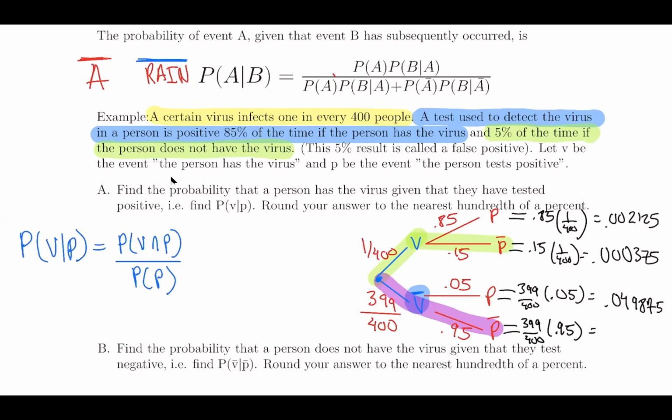So let's see what that gives us. 399 divided by 400 times 0.95, you get 0.947625. All right, so we have all of our probabilities. We're going to use these probabilities now to find our answer. Any question in regard to how I got these four probabilities?